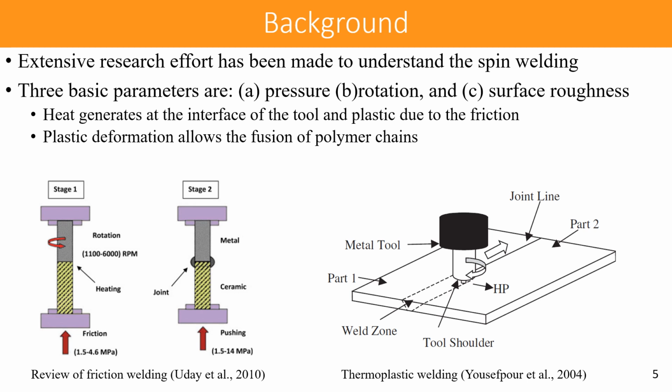An interesting thing about this technology is that you can weld metal and ceramic material together using this technology. In the case of plastic material, the plastic deformation allows the fusion of polymer chains, and in metals and ceramics it also creates the fusion bonding at the interface.